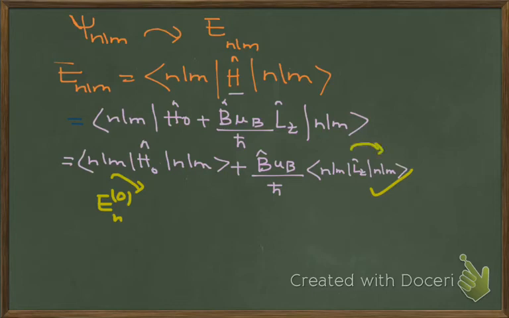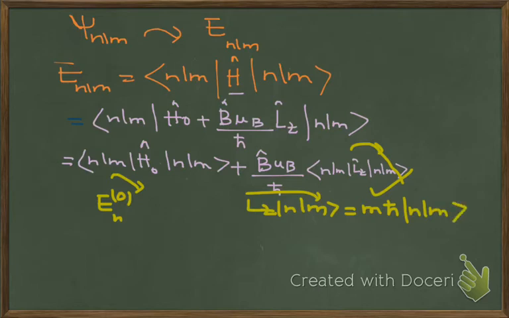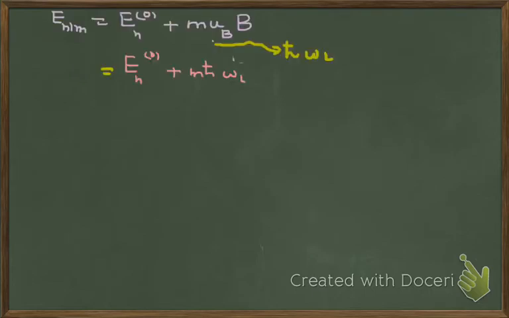To solve this term, we know L Z when operating on psi n l m only operates on m, so we get m H cut times the state function as it is. This is the equation for energy eigenvalues.